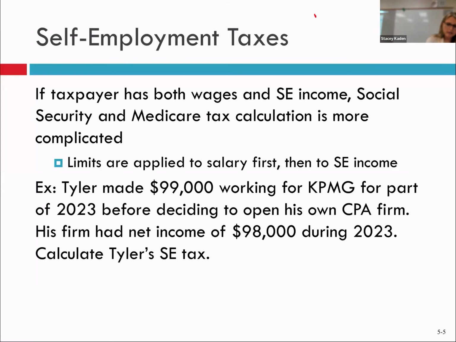The total amount that you should have to pay Social Security tax on is 160,200. Tyler is already paying Social Security tax on wages of 99,000, leaving only 61,200 you should have to pay Social Security tax on.